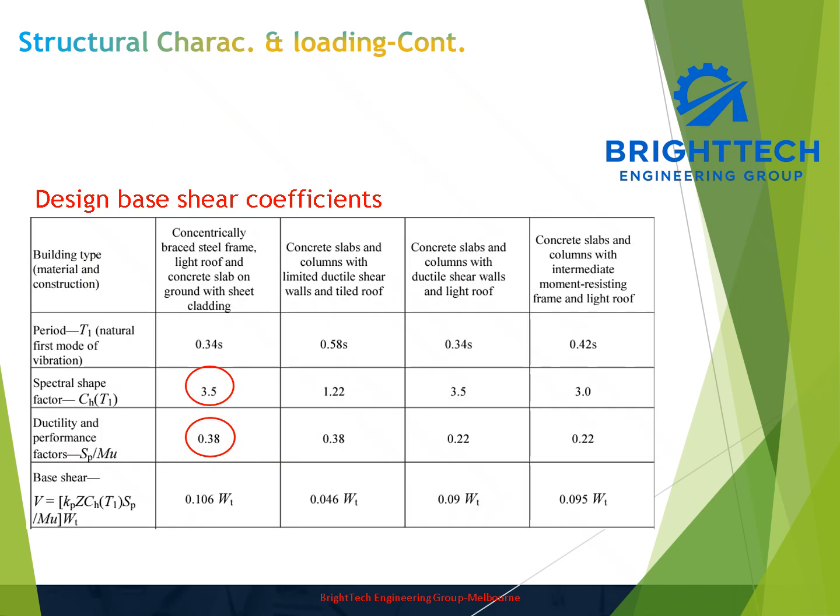And for the design base shear coefficients, the spectral shape factor for the concentrically braced steel frame, so this is the bracing system for the structure, and light roof and concrete slab on ground with sheet cladding, is 3.5, and ductility and performance factor Sp over mu is 0.38.